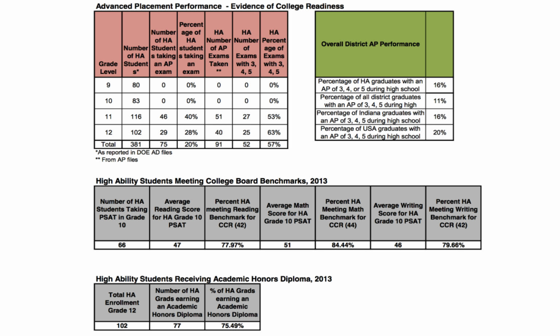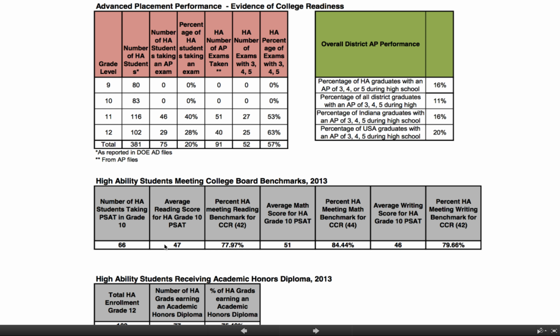And those benchmarks tell us the percent of kids who are likely to get an average of a B- GPA their first semester of college. So again, every high ability kid should be able to get a B- average or above their first semester of college. So it'll tell you that for this district, only 77% of their kids made that benchmark for reading, 84% made it for math, and 79% made it for writing.